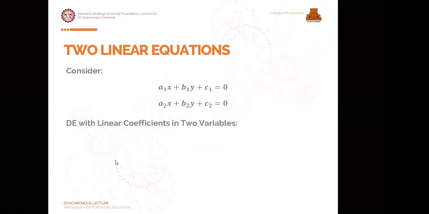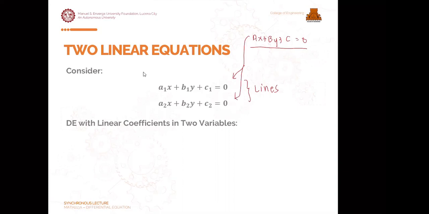And of course kapag linear equation siya, pertaining tayo sa lines, okay. Kasi kung matatandaan niyo ang standard formula ng line is ax plus by plus c is equal to 0. So pag chineck niyo itong form na 'to corresponds dito sa dalawang linear equations na 'to.